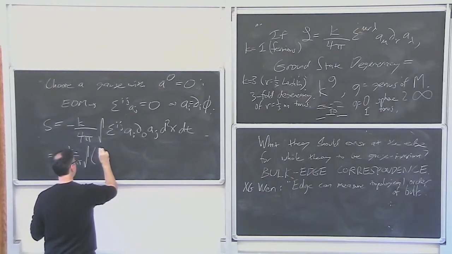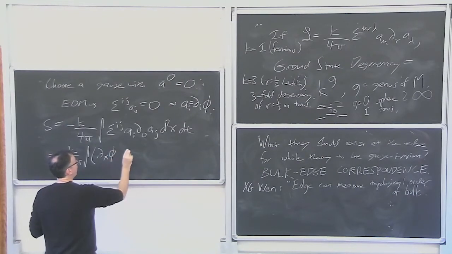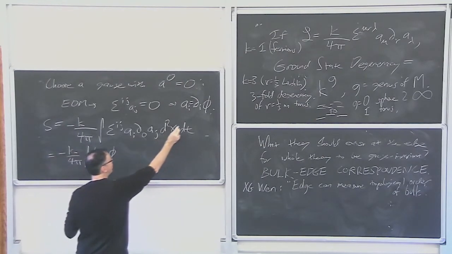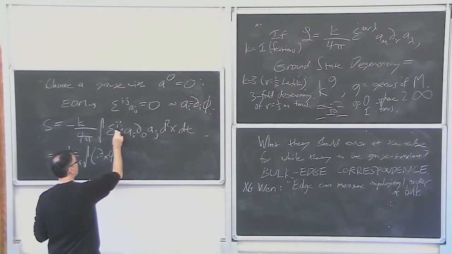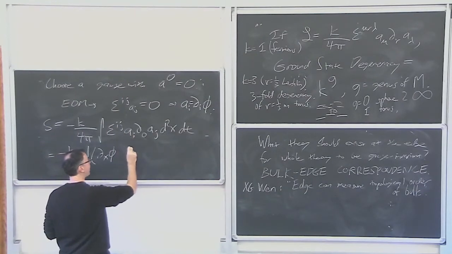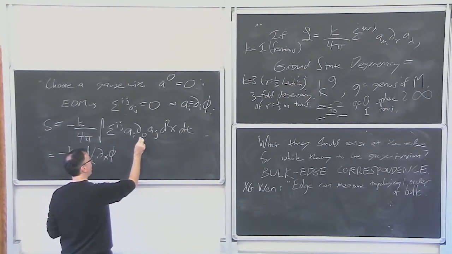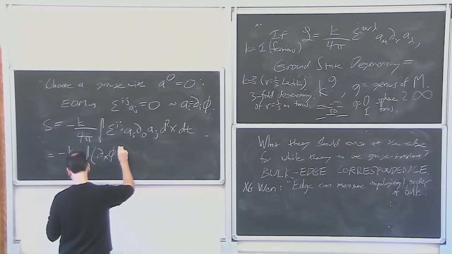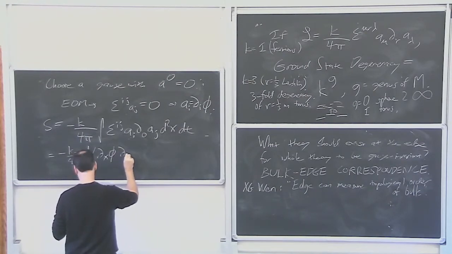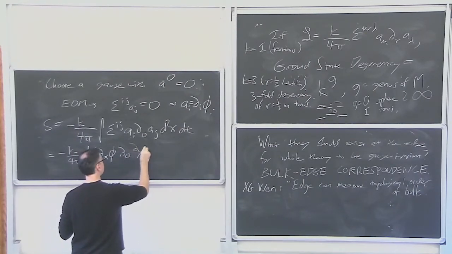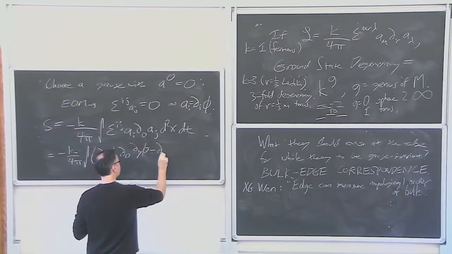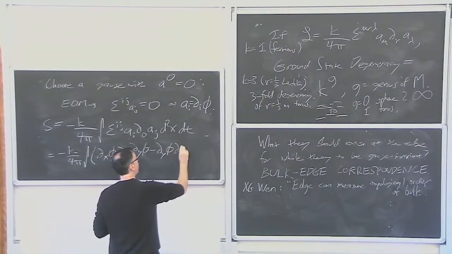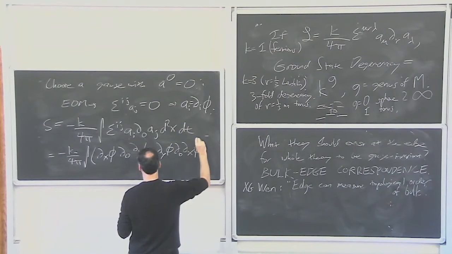So I go ahead and write this out. For example, A_i is d_i phi. So I've got one term which is xy minus yx. So I've got dx phi, d0, dy phi, minus dy phi, d0, dx phi.